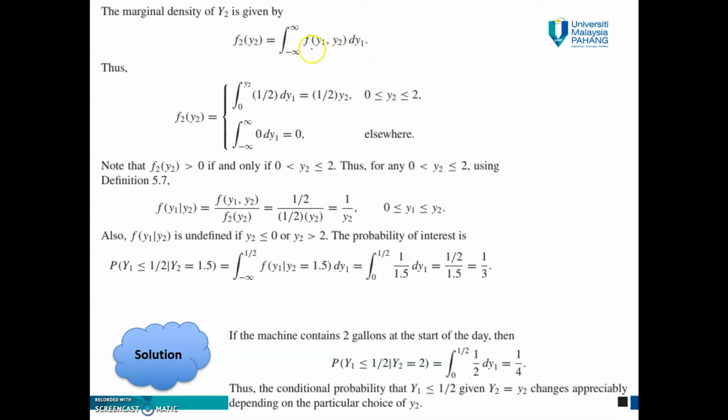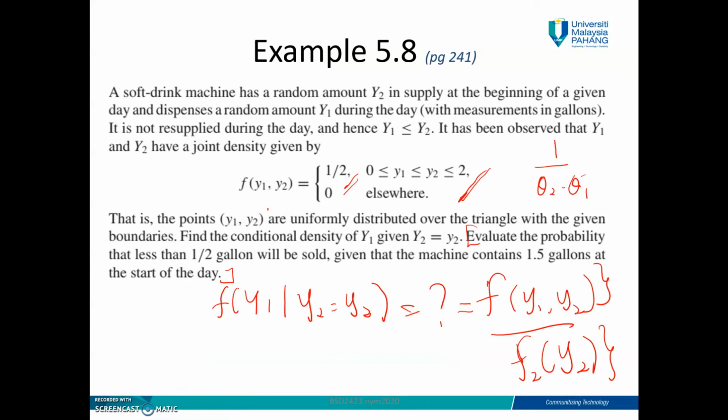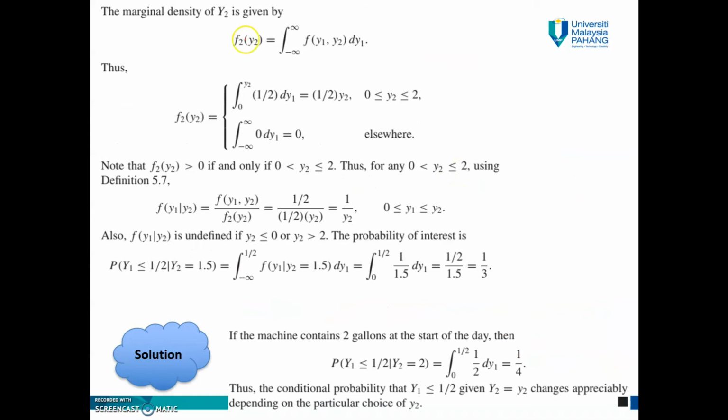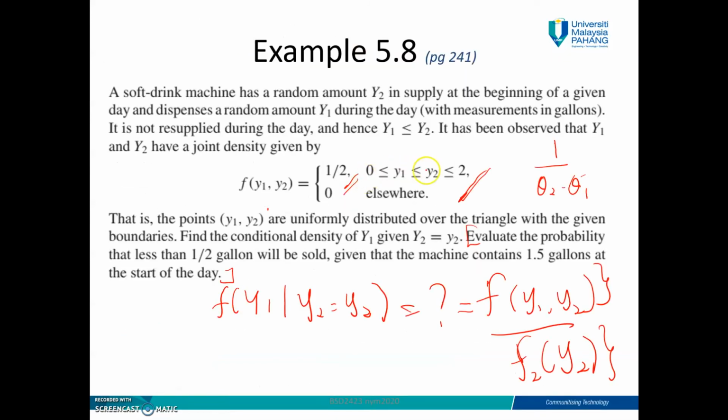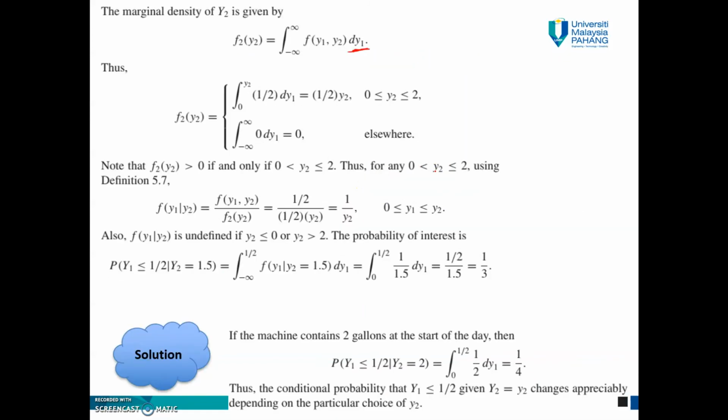The joint density is between y1 and 2, and if you find the marginal of y2, you will focus on y1 here. So y1 will be from 0 to y2. That's why first you need to find this one.